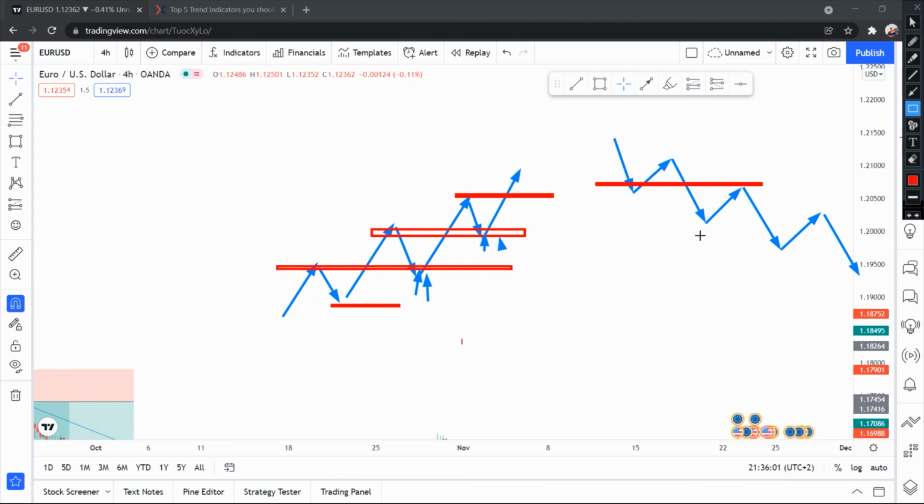So we have these levels here, we have this level here, and then we also have another level here. Again, we are basically taking trades at these points here, the pullbacks, okay? These pullbacks. This was also a pullback, okay? So I hope you guys understand the concept, because this is just so easy.